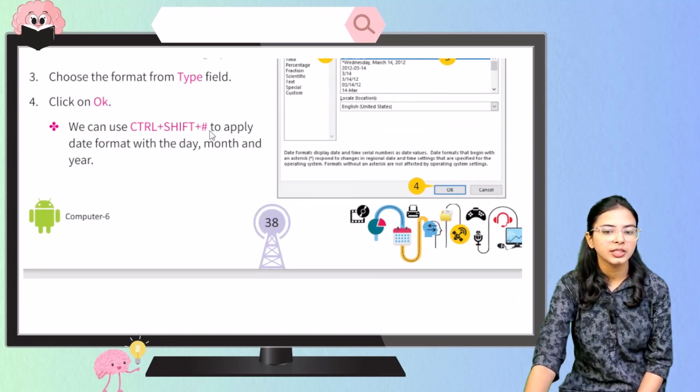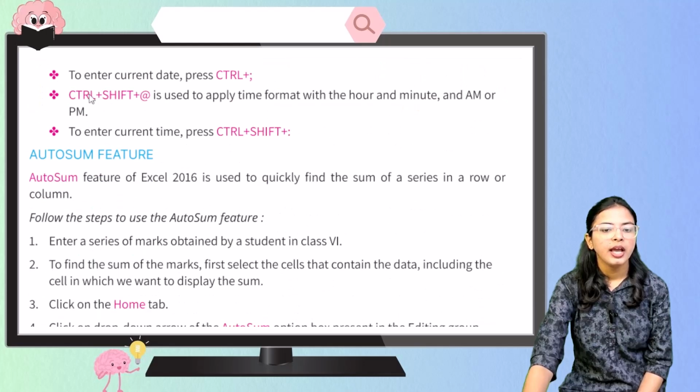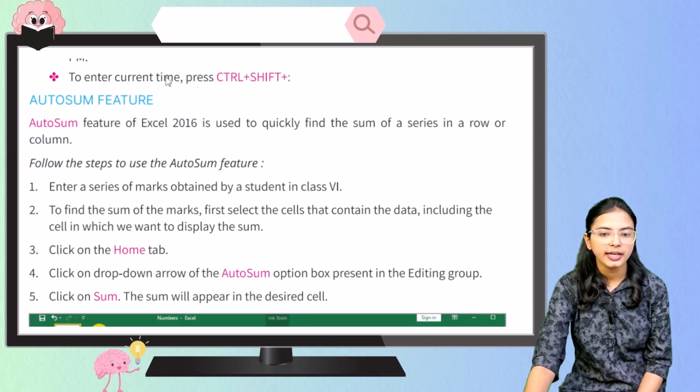We can use Ctrl+Shift+# to apply the date format with the day, month and year. Okay, to enter the current date, press Ctrl+Shift+@, which is used to apply the time format with the hour and minute, AM or PM. To enter the current time, press Ctrl+Shift+colon.